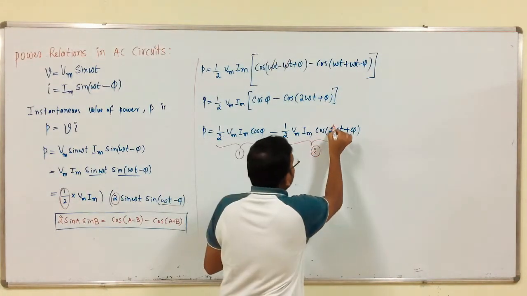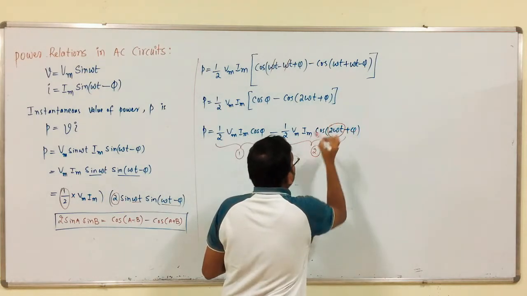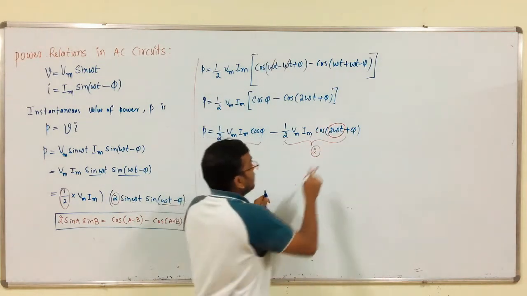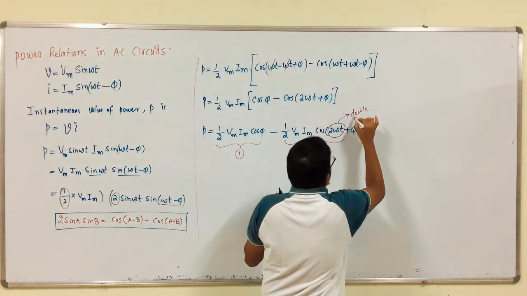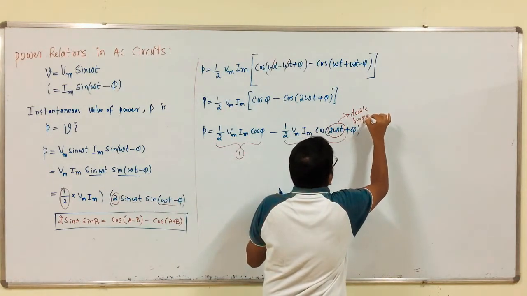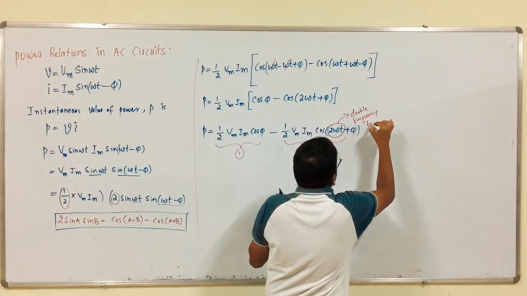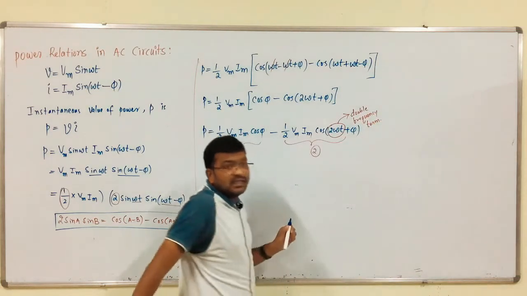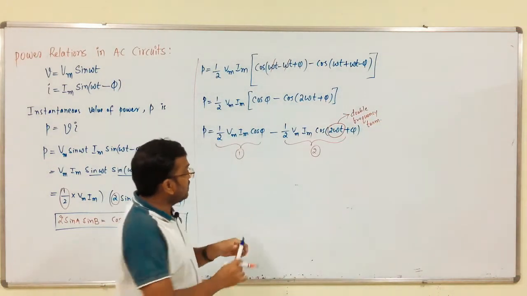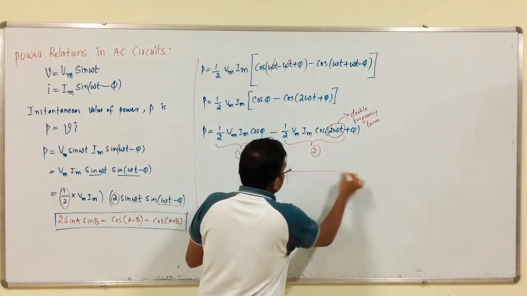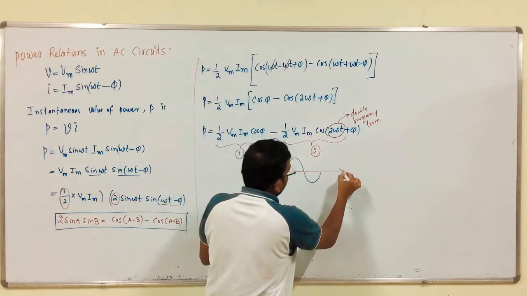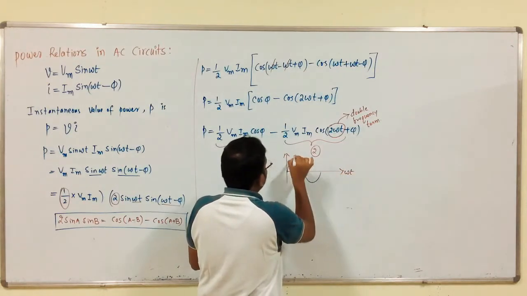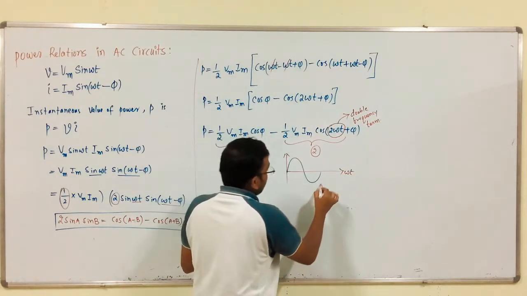Here this is 2 into omega t, that is the double frequency term. For example, if we consider the sine wave, what is the average value here?